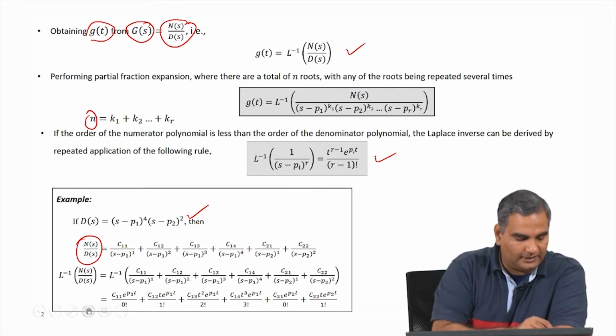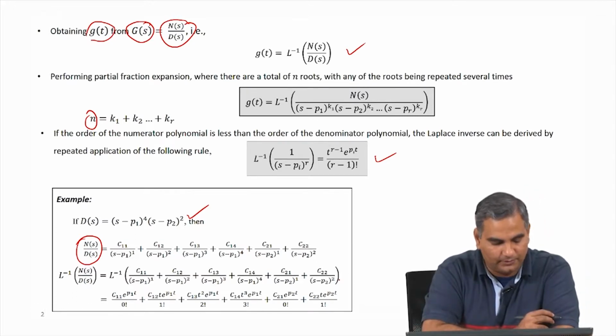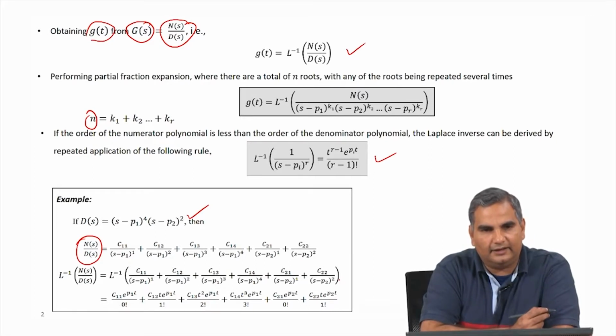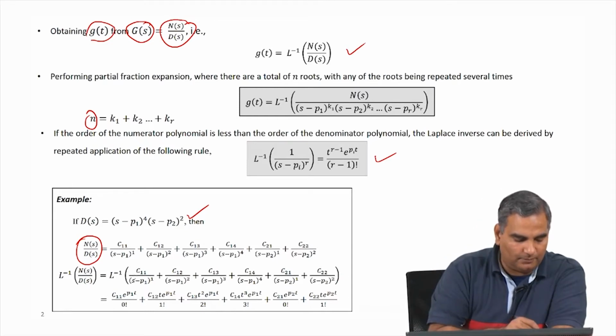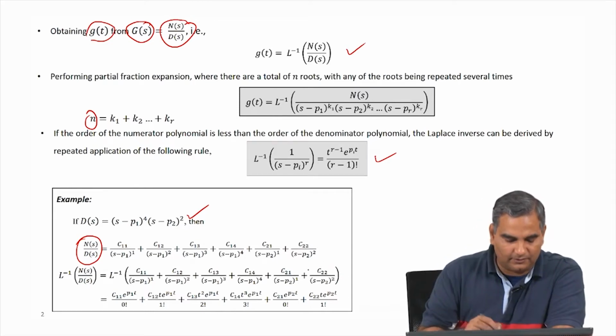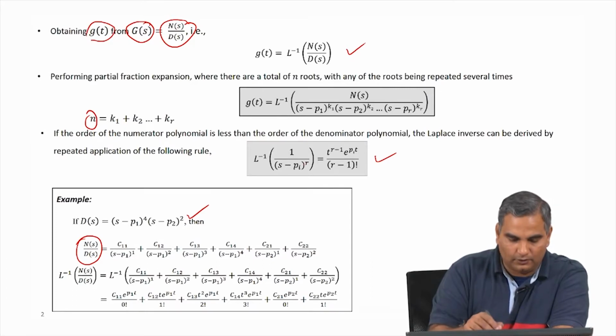So, Laplace inverse of N(s) by D(s) is the Laplace inverse of this large number of terms, and using the linearity property of Laplace transforms, the Laplace inverse of this sum of 6 terms is the sum of 6 Laplace inverse terms. So, this will be the Laplace inverse of c11 by (s minus p1) to the power 1. This is inversion of this with r equal to 1.